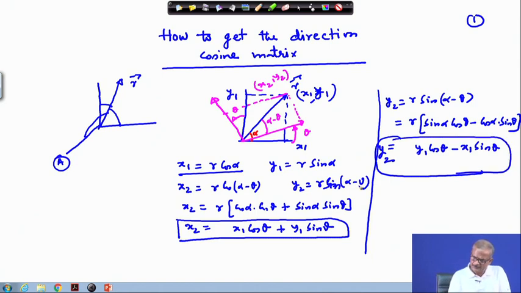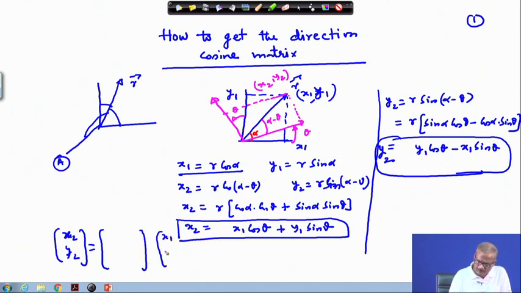Okay. Now, if you combine this together, x 2 y 2 in matrix format can be written as, acting on x 1 y 1, so just see from this place, x 1 cos theta. So, put here cos theta and y 1 sin theta, so this is sin theta.